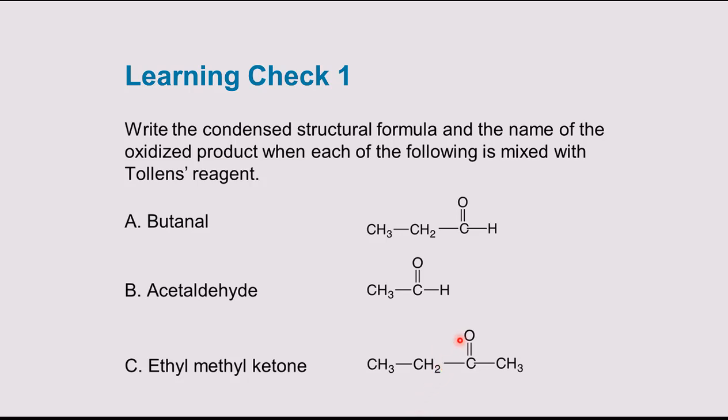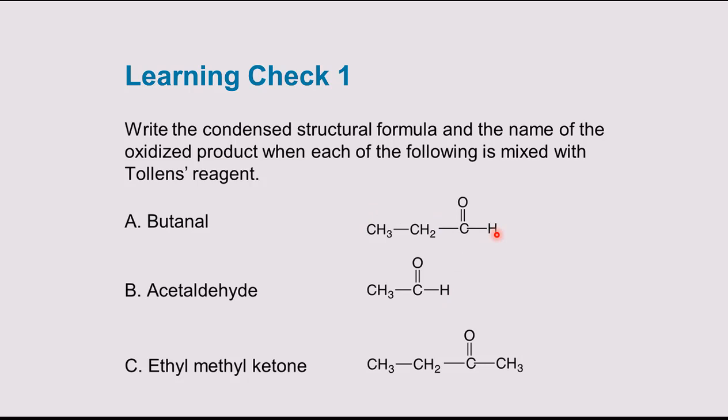All right. So when we're thinking about predicting our products, all we have to think about is A and B. And remember, our product of the oxidation reaction of aldehydes is that we replace the hydrogen with a hydroxyl group, or an OH. So it's going to look exactly the same, but the hydrogen is replaced by a hydroxyl.